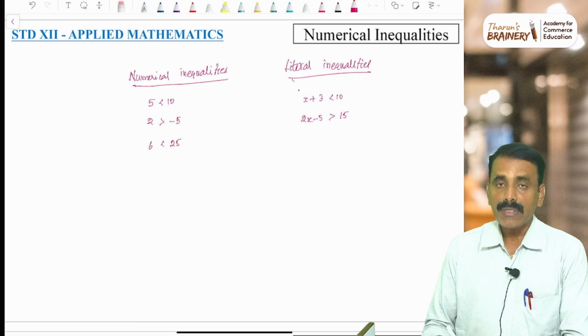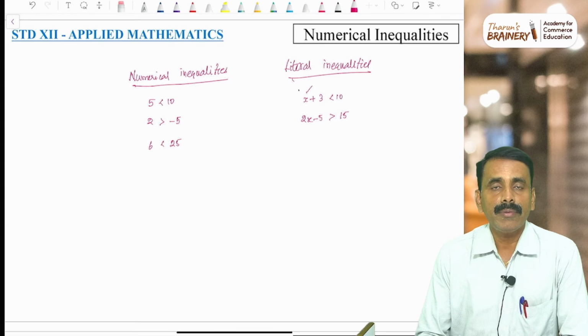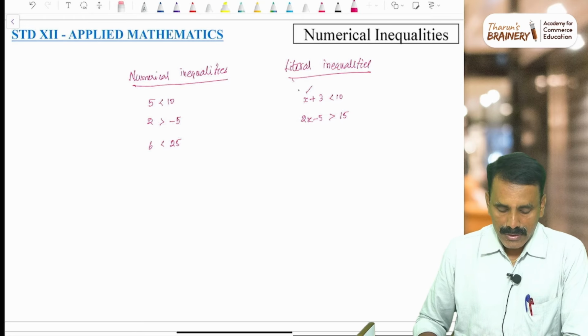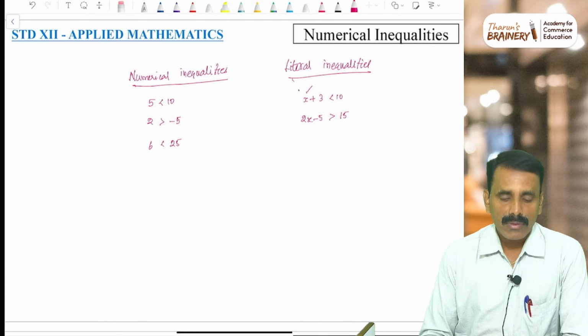So in these inequalities, we are having variables. It may have one variable or 2 variables, depending on the situation. We may have any number of variables. Okay, so this is the first classification, the inequalities. The inequalities are split into 2 types. One is literal inequalities, the other one is numerical inequalities.